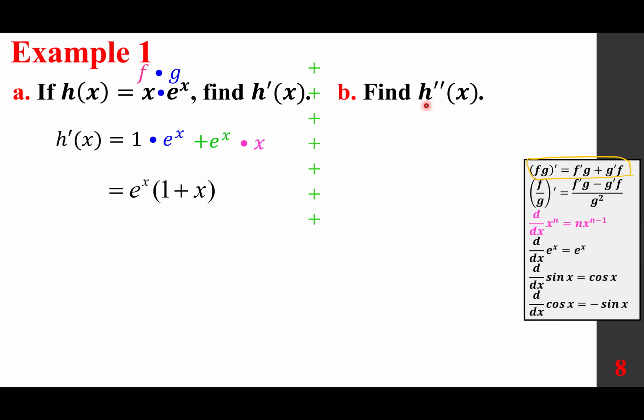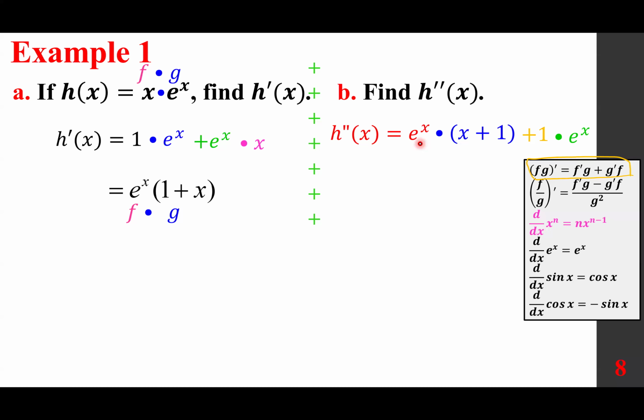And now to get to h double prime, I have to differentiate this. And this is, again, using the product rule, f times g. So I'm going to call this one f and this one g. So again, I'm going to apply the product rule. According to that, I need f prime, which is e to the power of x, times g, which is 1 plus x, or x plus 1. And now g prime is just 1 times f, which is e to the power of x.